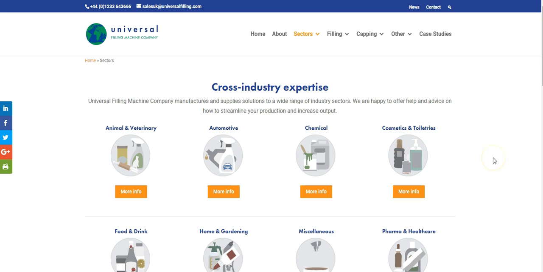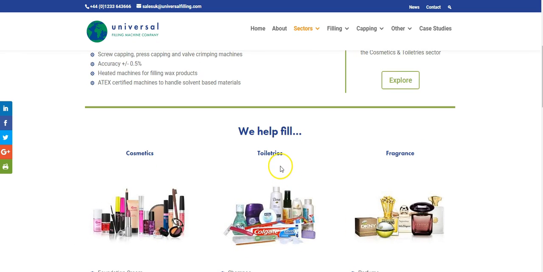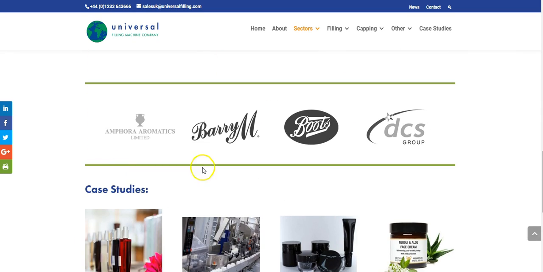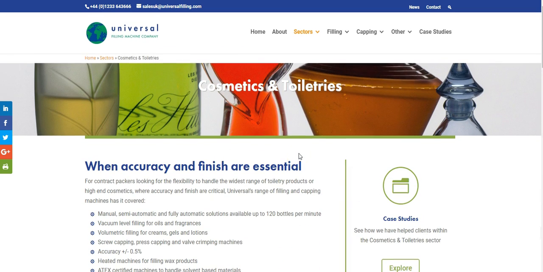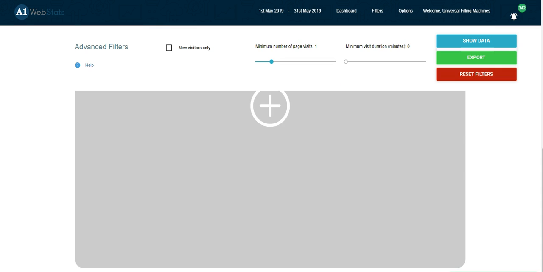There's another part of this website that people may get to, and these are the sectors. These are people specifically interested in filling particular types of products. And within each of these sectors pages, it introduces the subject, gives some examples of the types of products that can be filled, and also includes case studies. So again, people should be quite interested in these pages. So we go back to the advanced filters.